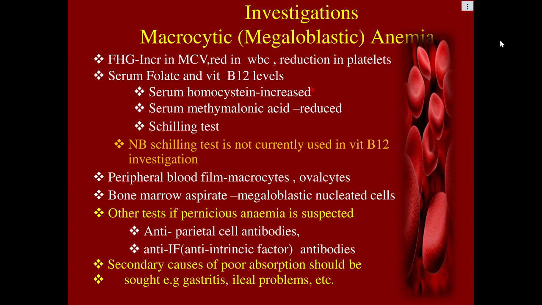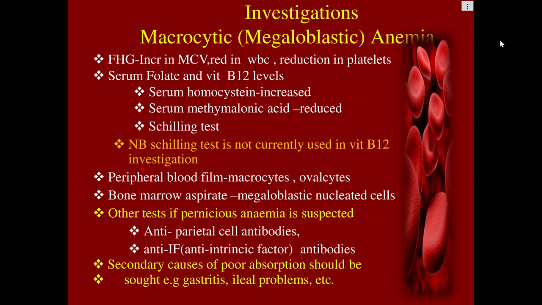Therefore, when you have a reduction in vitamin B12 and folate, you have a serum level of homocysteine which is increased, including methylmalonic acid or MMA. Okay, the Schilling test nowadays is not currently used in investigation, because you have these other tests that have come up.